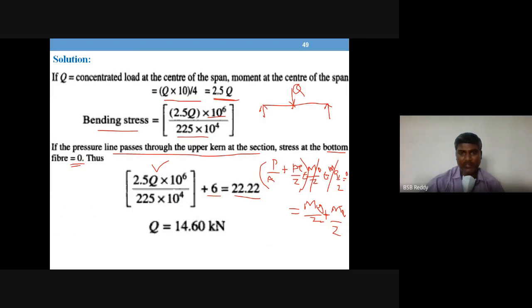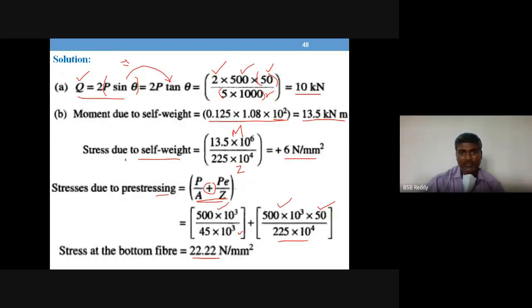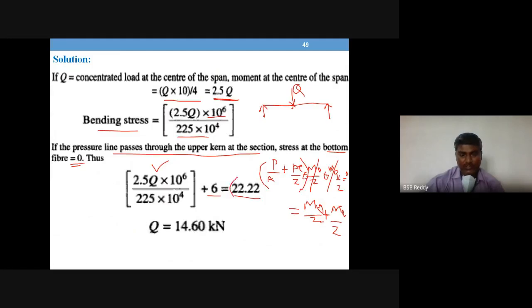That is P by A plus PE by Z. What is P by A plus PE by Z value? It is 22.22 total value. So this is total P by A plus PE by Z value, and this is Mq by Z, and this is Mg by Z. From this you get Q value, that is 14.6 kilonewton.